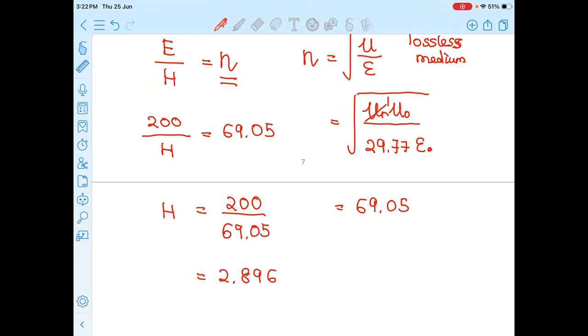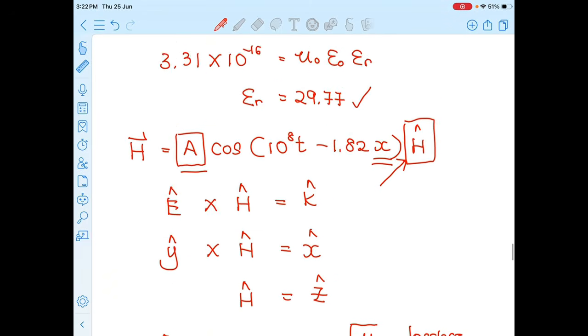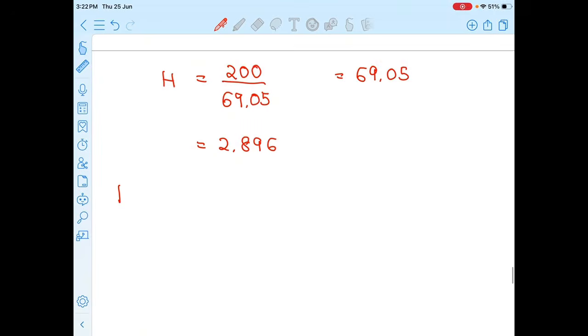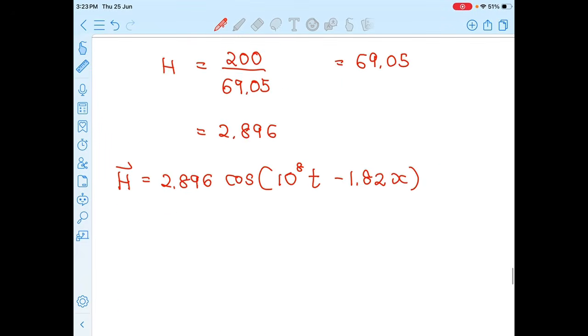This is the amplitude. Now let me write down the formula: 2.896 cos of 10 power 8 t minus 1.82 x, in the z direction.